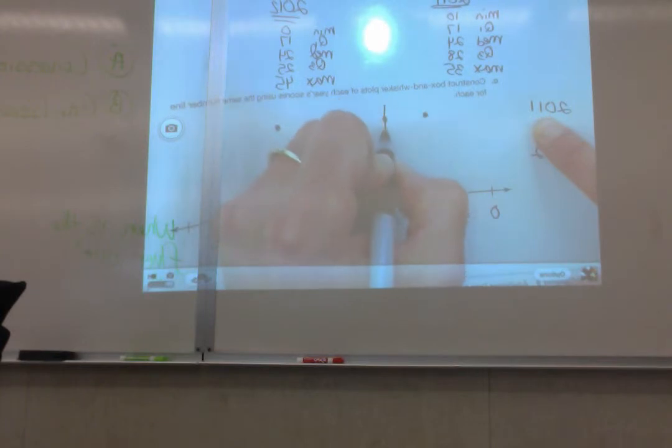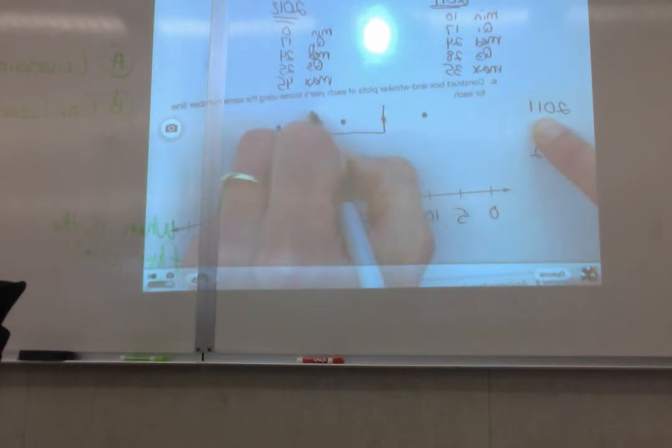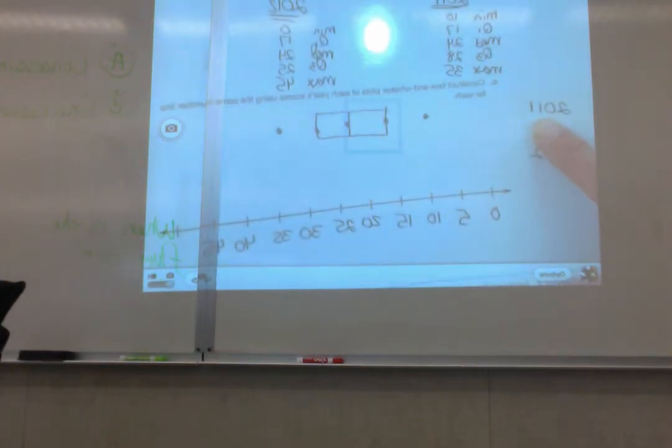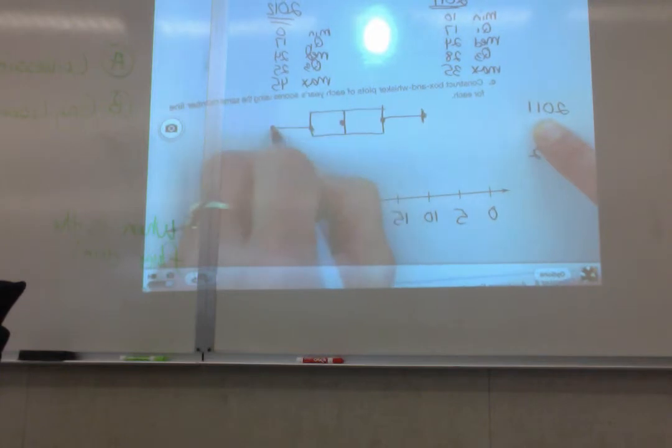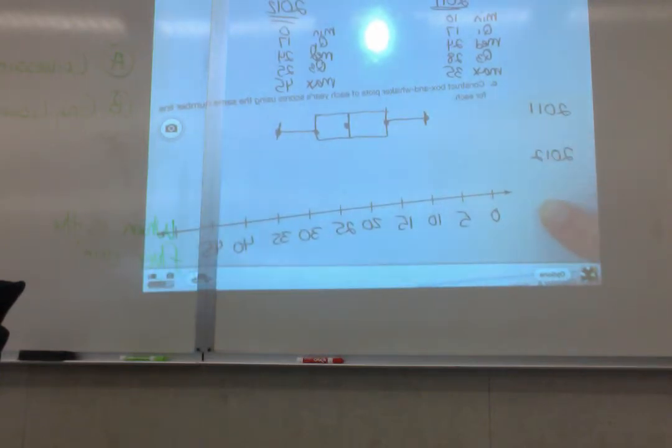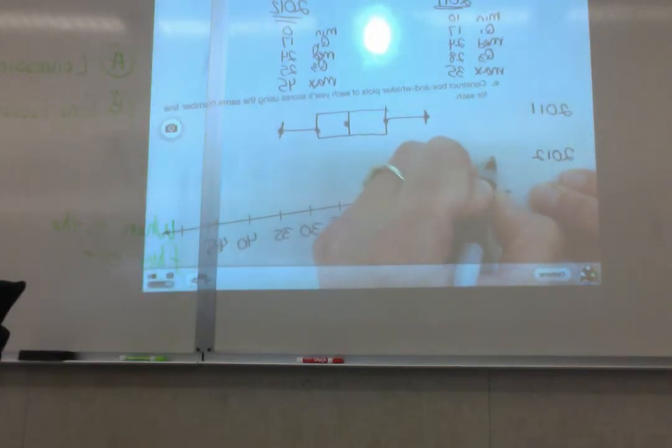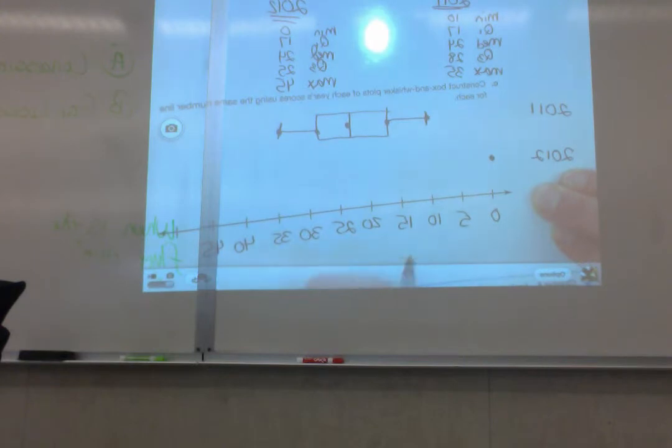The box goes around the middle 3 and a line through the median. And then whisker, whisker. For 2012, use the 5 numbers.